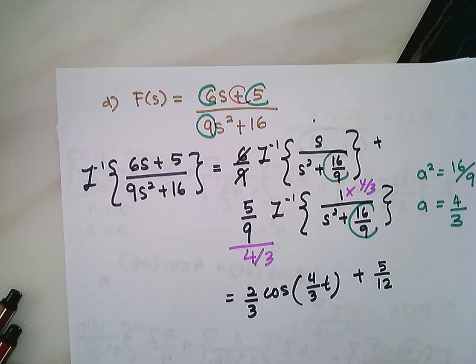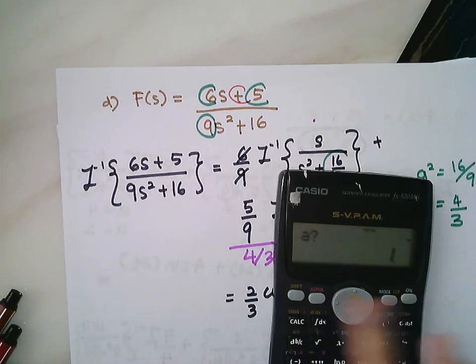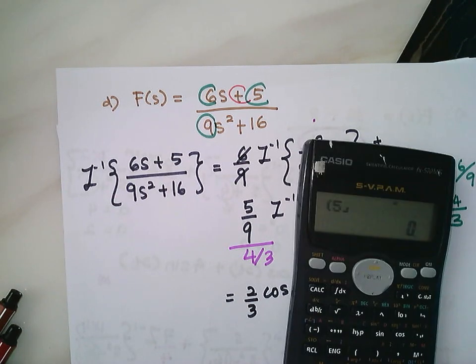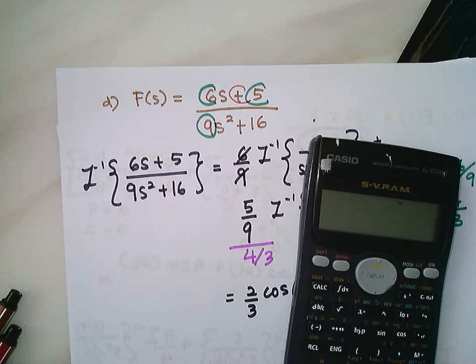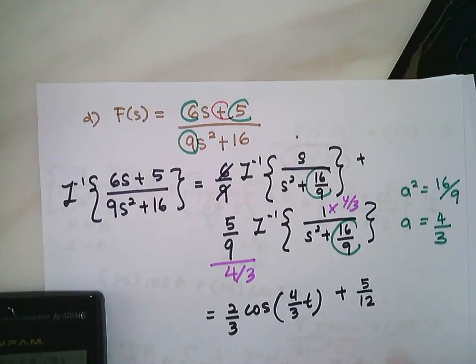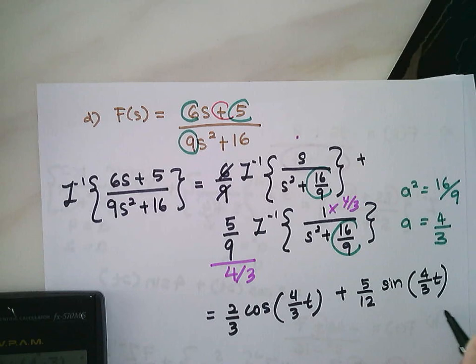I'll show you how. 5 over 9 divided by 4 over 3, so you have 5 over 12. This is sine function, so what is your a? 4 over 3 t. That's it.